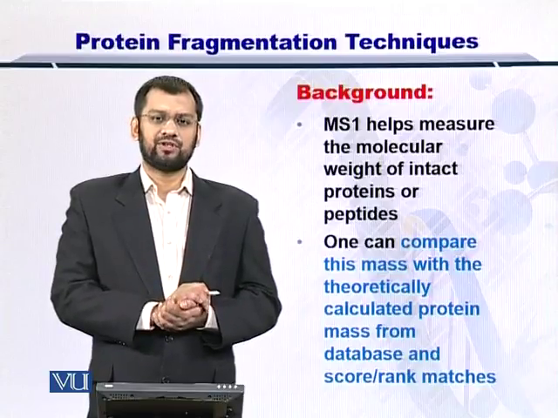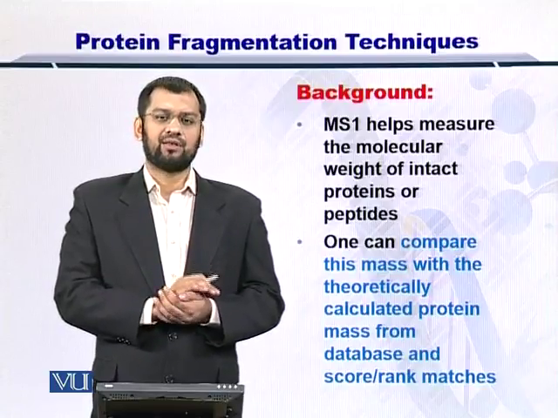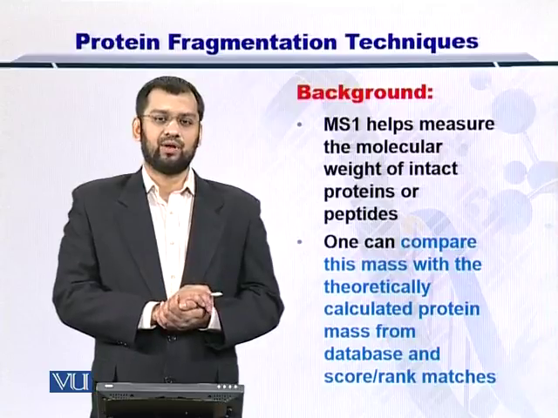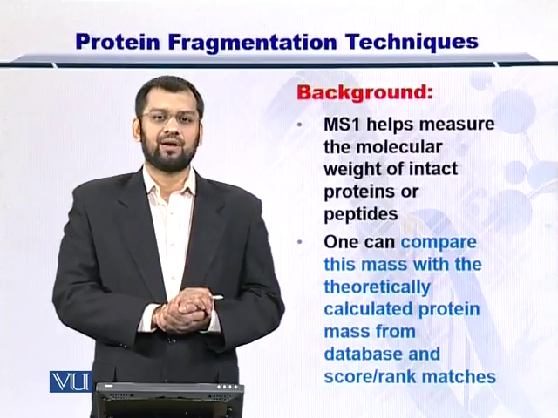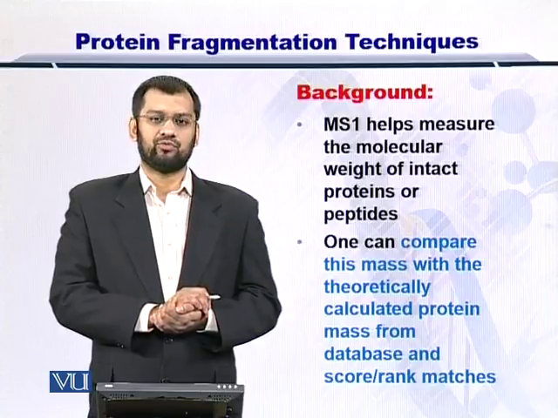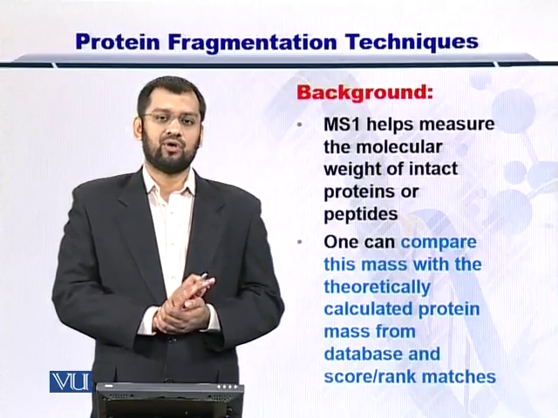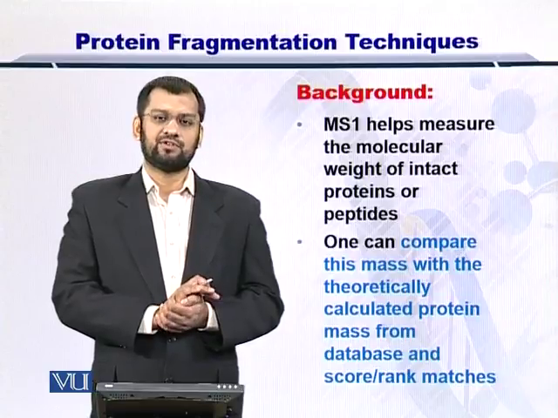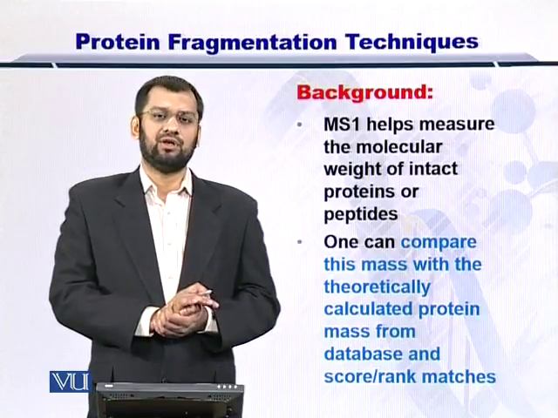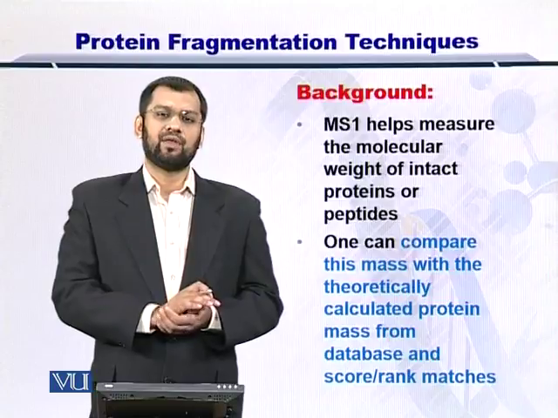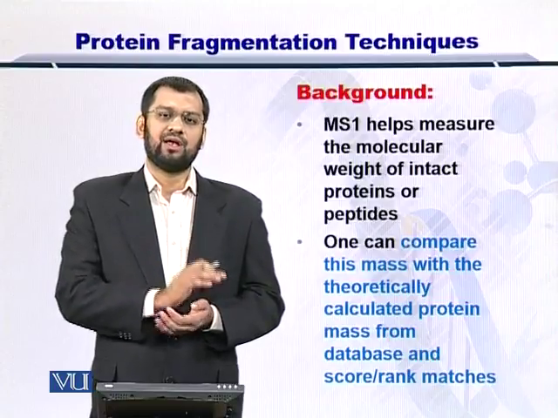In order to further rank the proteins in a more appropriate way, we need to fragment the proteins and obtain the peptides from those proteins. Or in case you have a precursor molecule which is a peptide itself, then you need to fragment it to obtain peptides from the intact peptide.